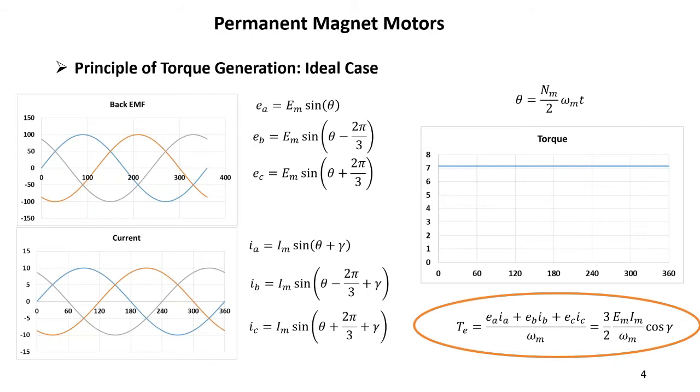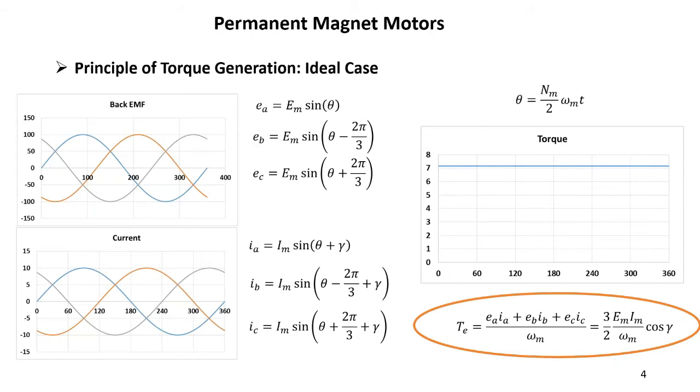And then if you apply a current to the machine, a three-phase sinusoidal waveform, you can generate the torque. The torque equation shown here is simply the multiplication of the voltage and the current divided by speed.